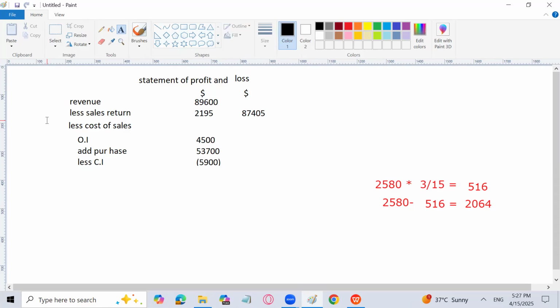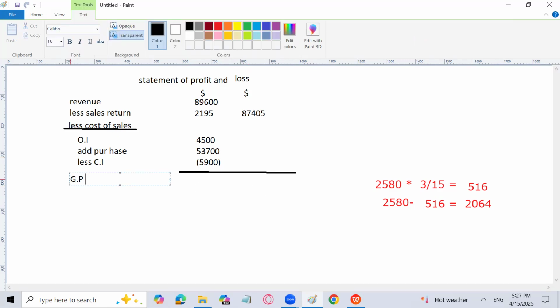Okay, so let's do this. What is the answer? 4,500 plus 53,700 minus 5,900 will give the cost of sales, and then we will get the gross profit.